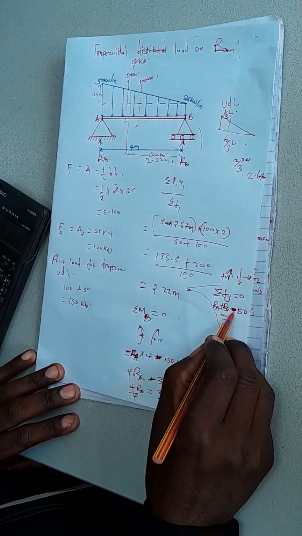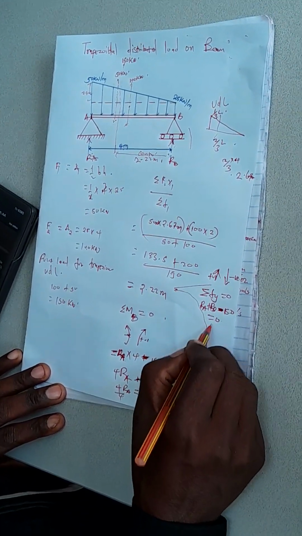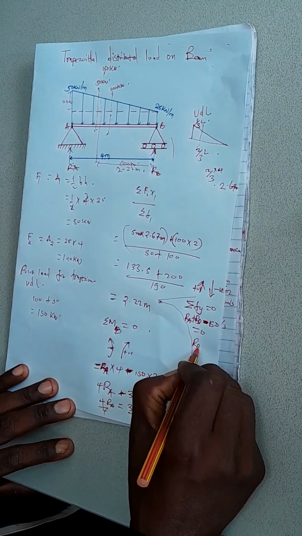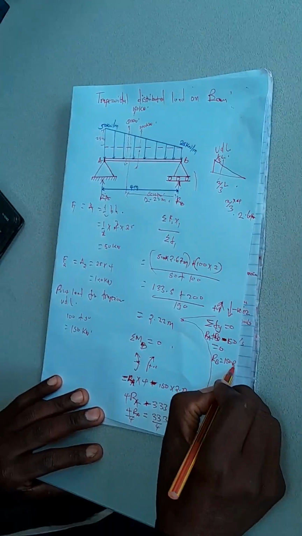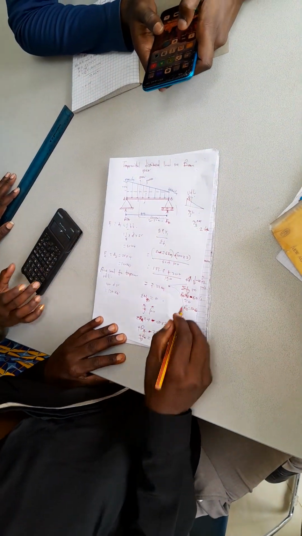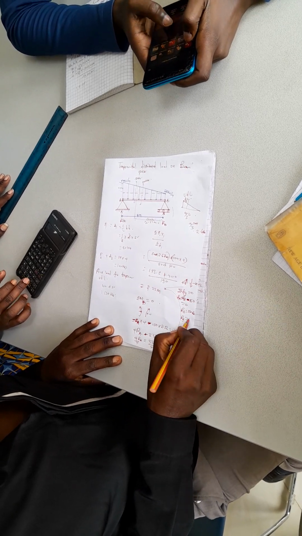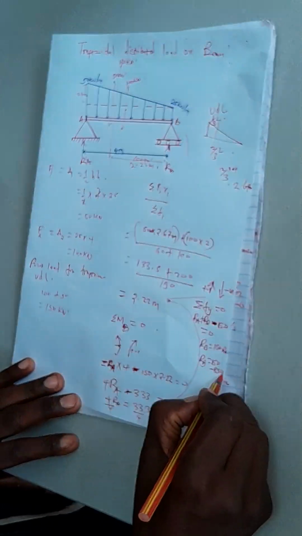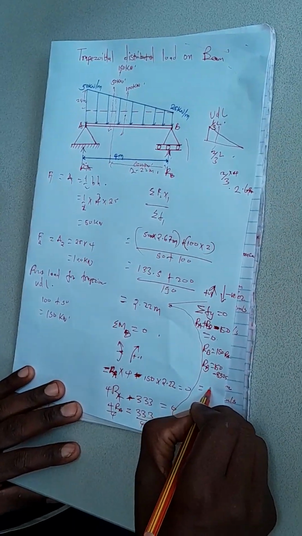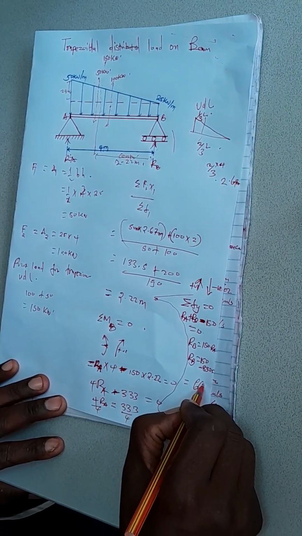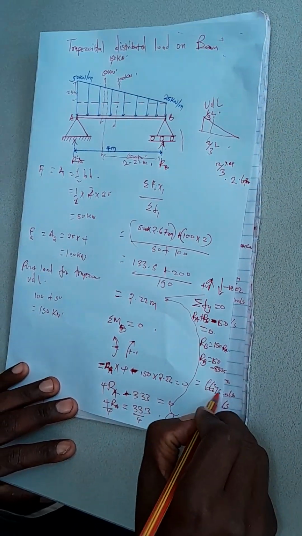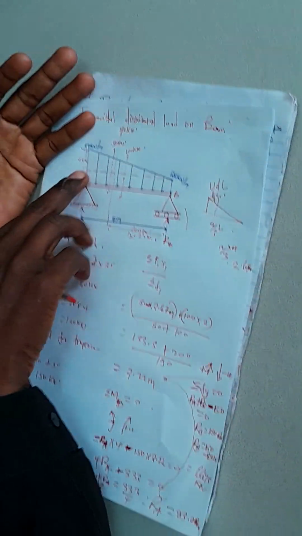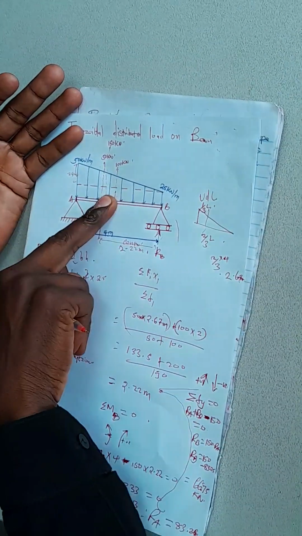So RA plus RB minus 150 is equal to 0. What do you get? We are looking for RB. RB is equal to 150 minus RA, which is 150 minus 83.25. What do you get as RB? 66.75 kilonewton.